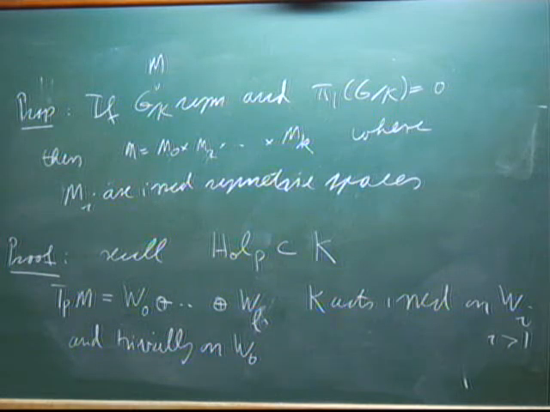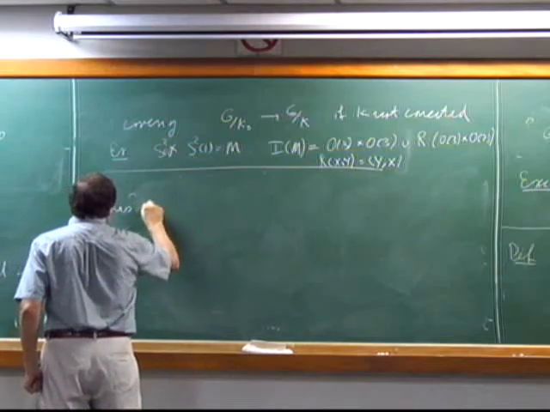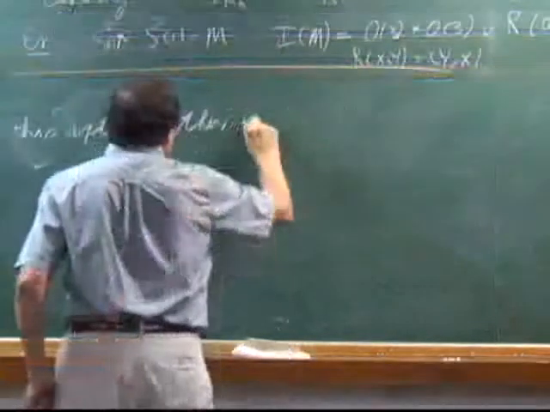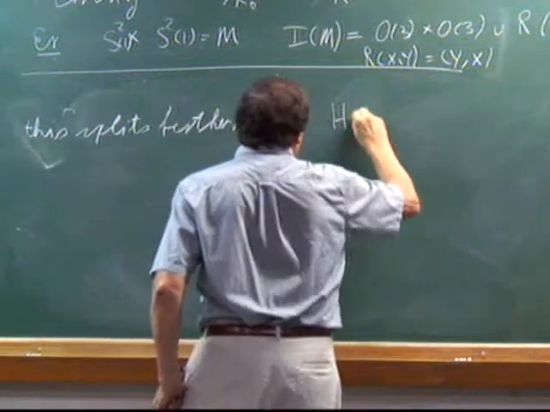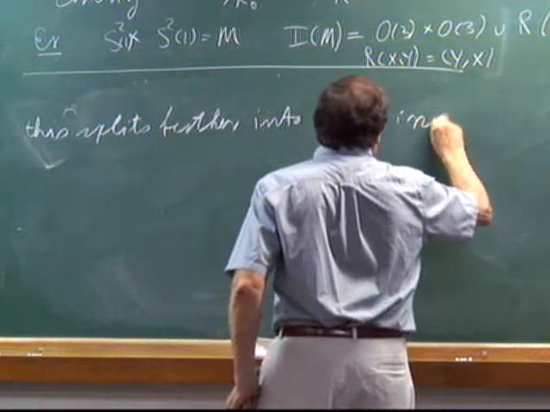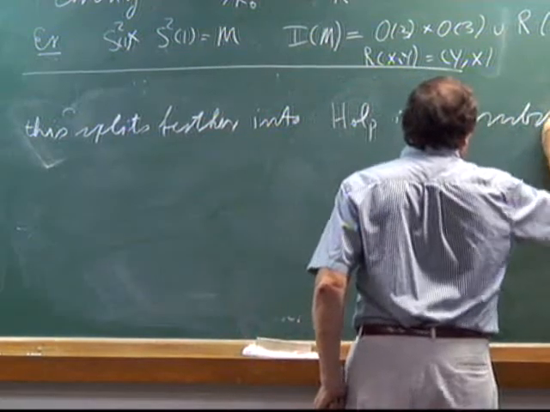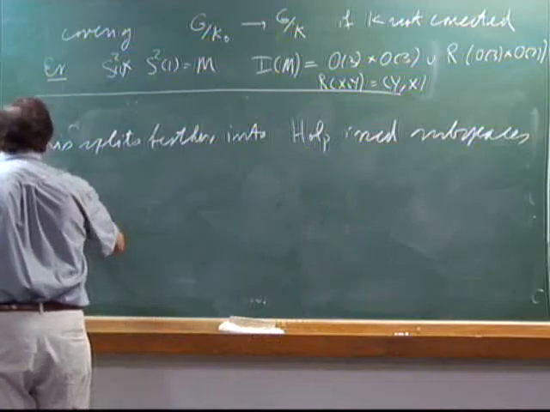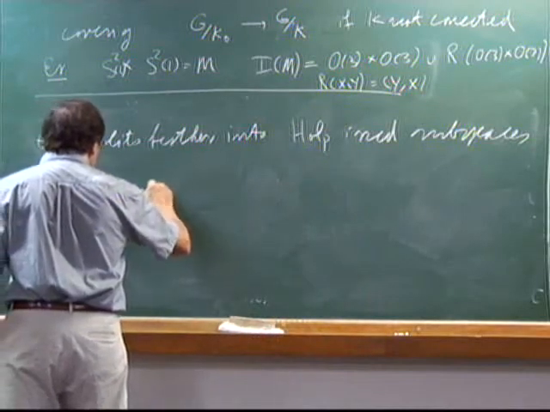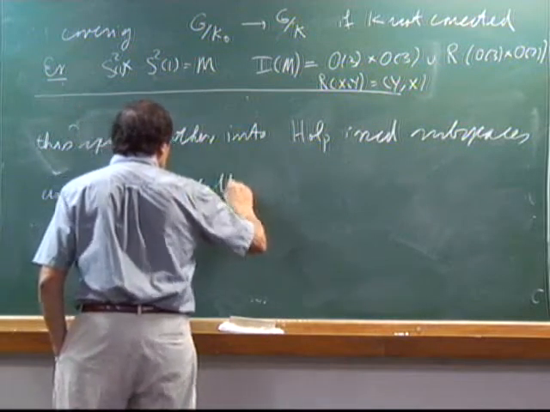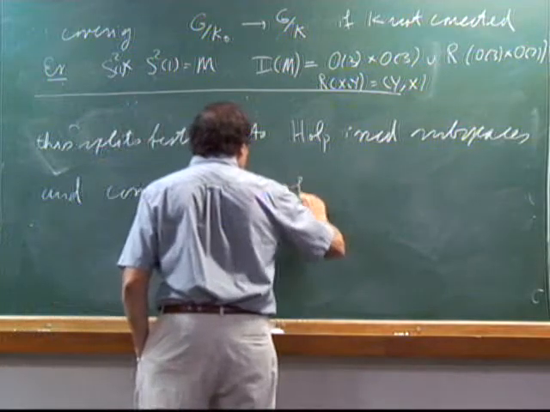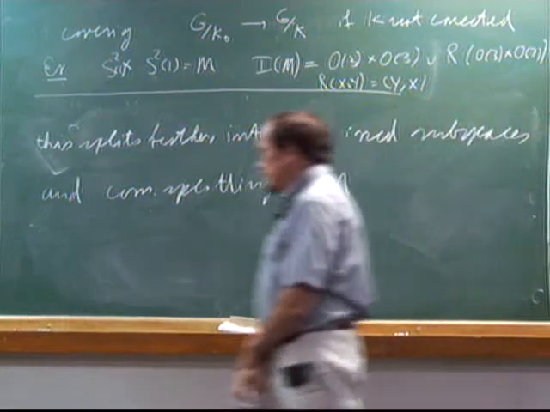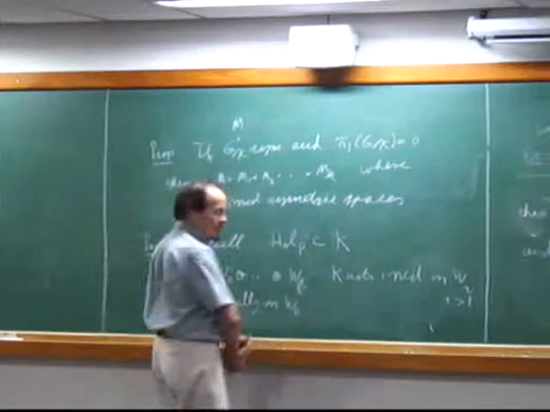This splits further into Hol_P irreducible subspaces. And corresponding splitting of M according to the de Rham decomposition theorem. Now I have more factors than the W_i's, but I collect factors.